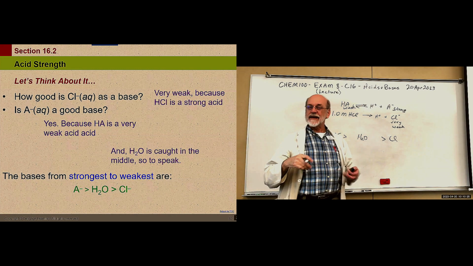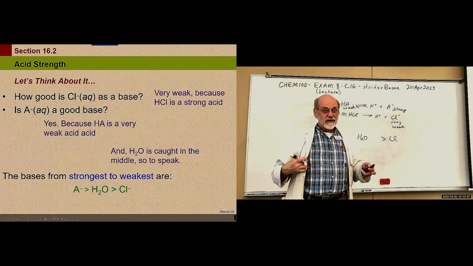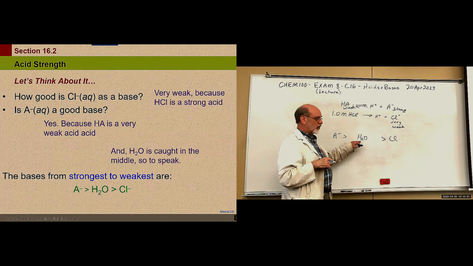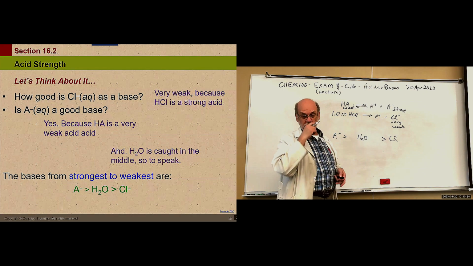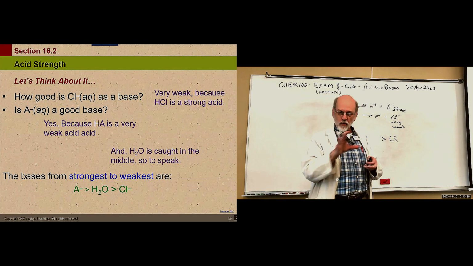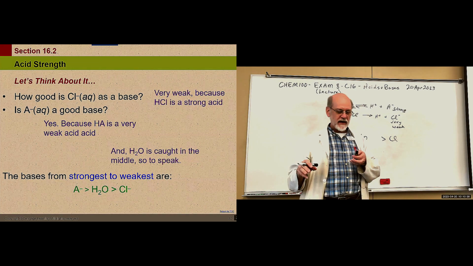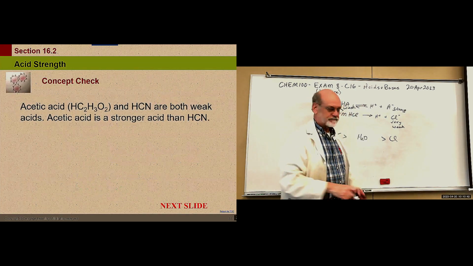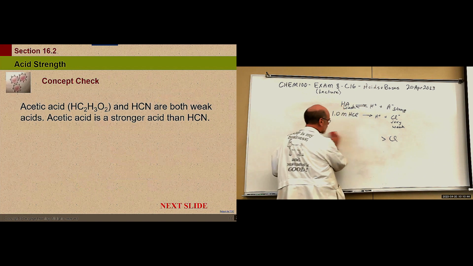How well does it accept protons? Well, not very well, actually, but it accepts protons more readily than A- would. So that's the order: A-, water, chloride ion for this problem. Now let's take it one step further.